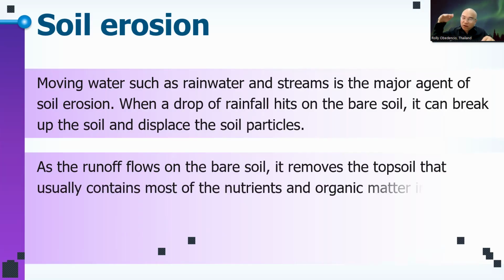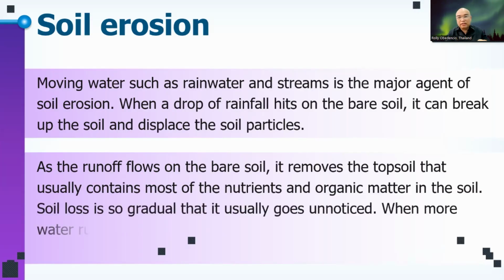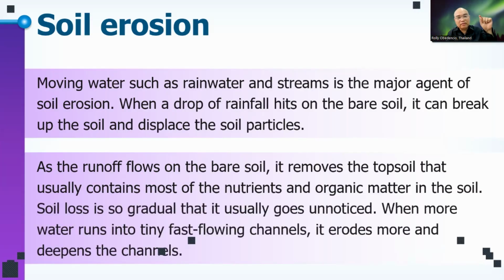As the runoff flows on the bare soil, it removes the topsoil that usually contains most of the nutrients and organic matter in the soil. Soil loss is so gradual that it usually goes unnoticed. When more water runs into tiny, fast flowing channels, it erodes more and deepens the channels.